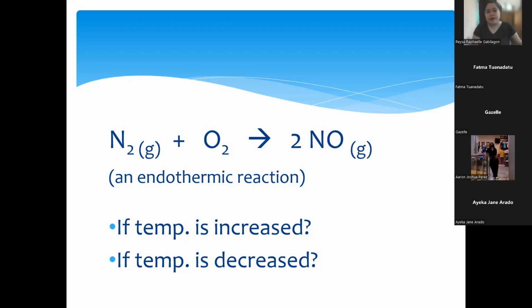Sabi ko kanina pag endothermic reaction, absorbs heat. Okay, absorbs heat. So where do we see heat? Sa product or sa reactant? Reactant po. Okay, the reactant. Sige, you answered the first question. What will happen if temperature is increased?